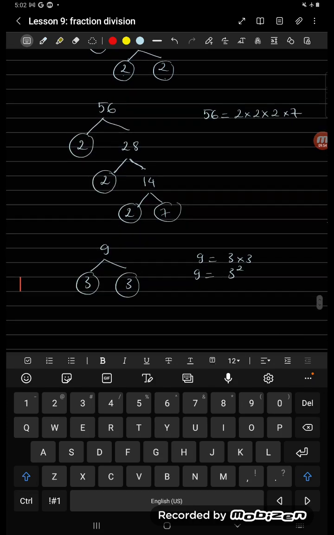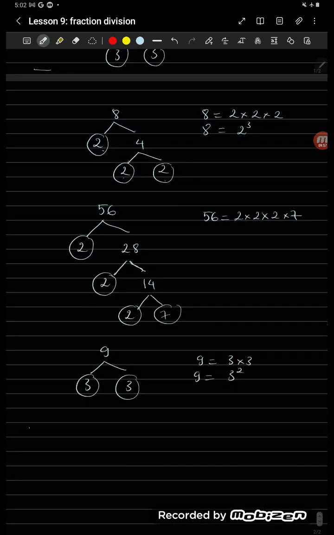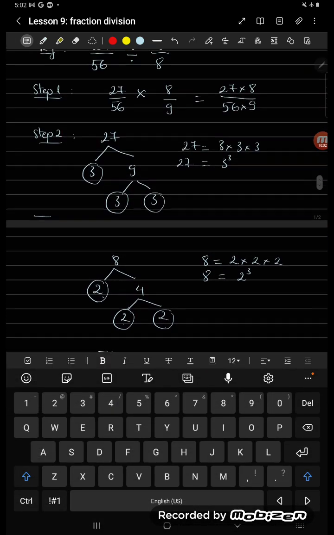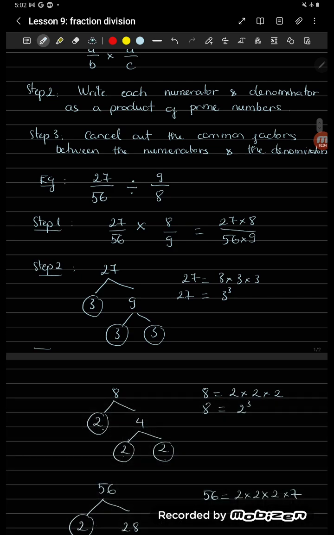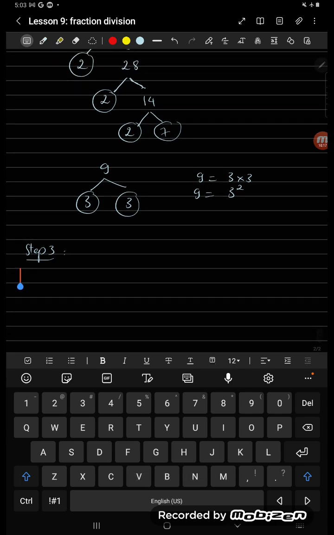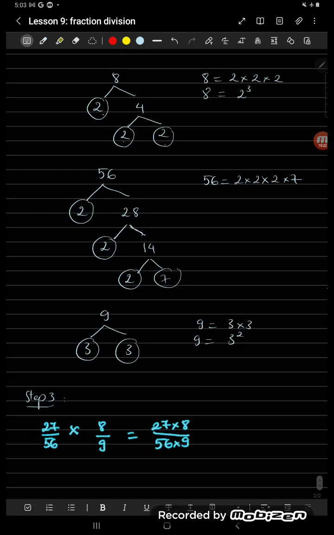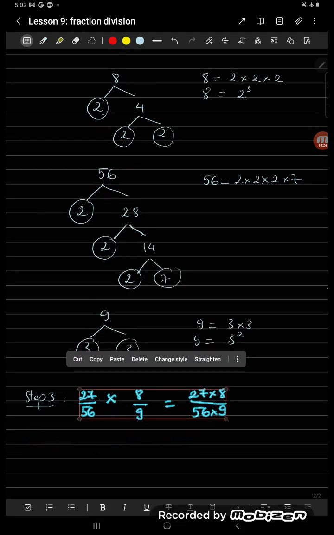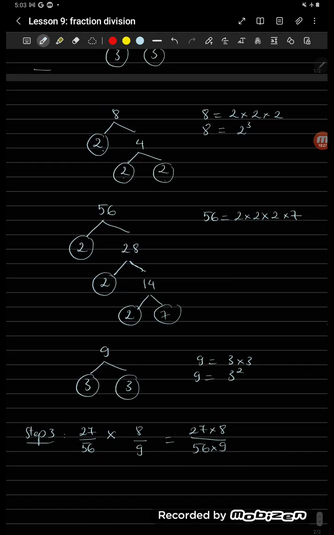So now we go to step 3. Now we write everything again, and then we will cancel them. Okay, so now we just copy from step 2.